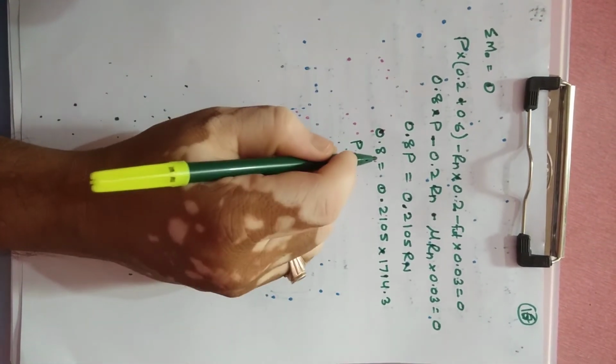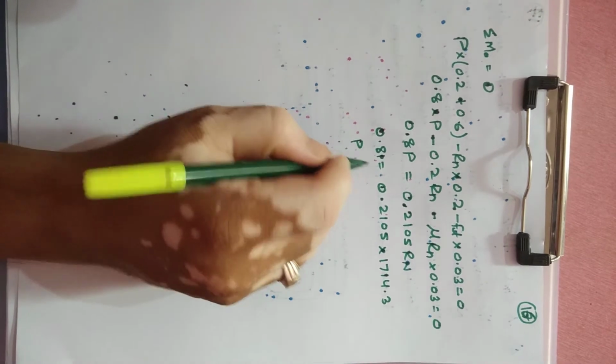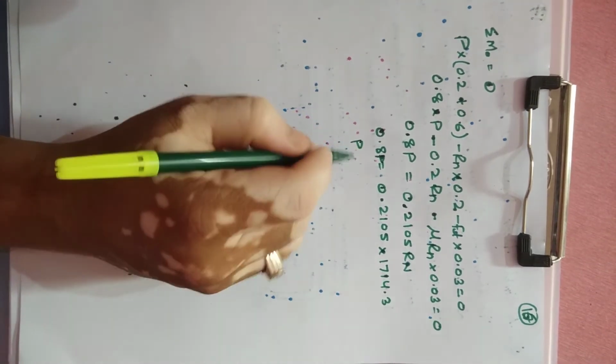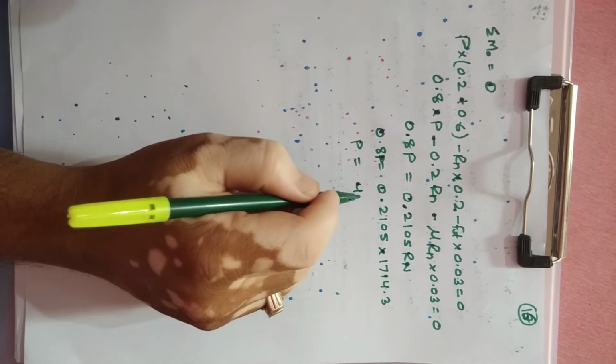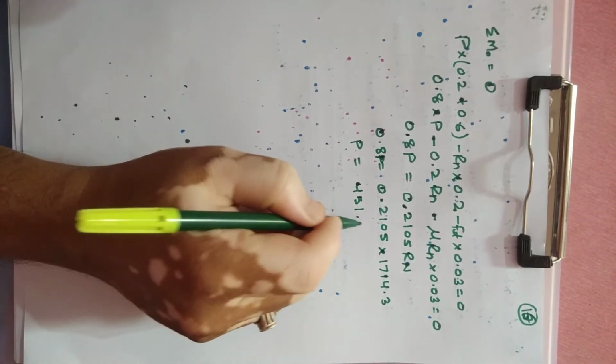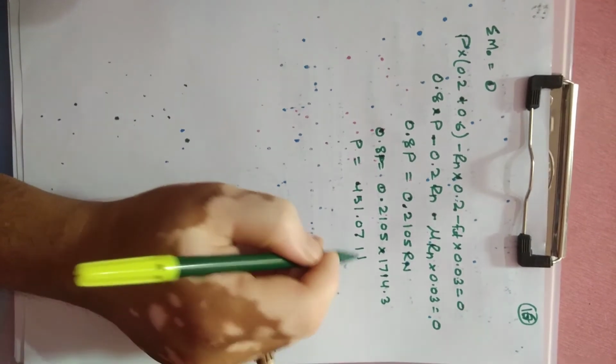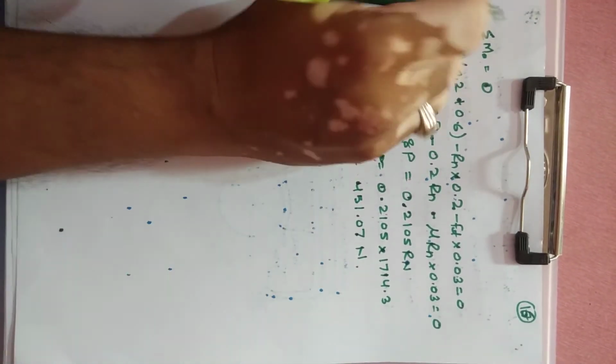In this way, 0.8 P, so P is equal to, when we calculate this, 451.07 Newton. So for clockwise rotation, this is the answer.